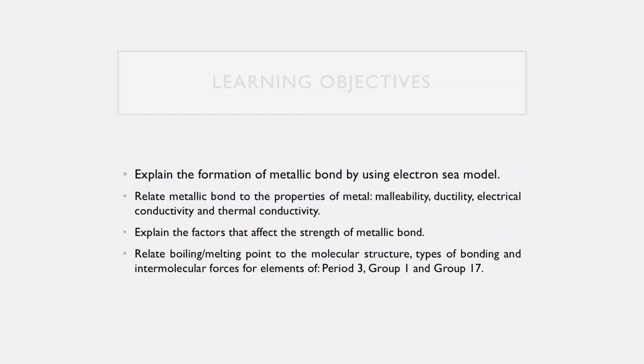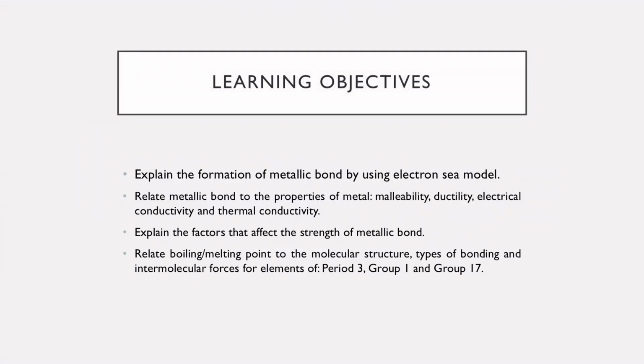Alright, so macam biasa, let's look at our learning objectives. Today, we will learn how to explain the formation of metallic bond by using the electron sea model. We'll get to know what the electron sea model is. Then we're going to relate metallic bond to the properties of metal: malleability, ductility, electrical conductivity, and thermal conductivity.